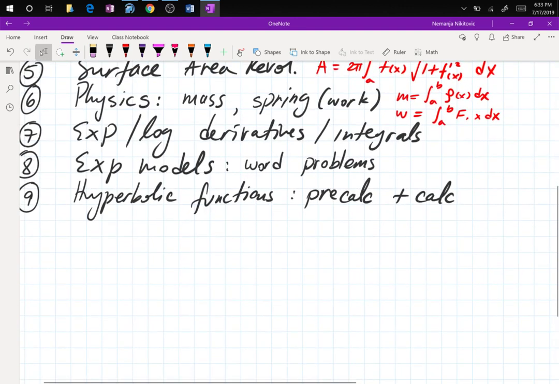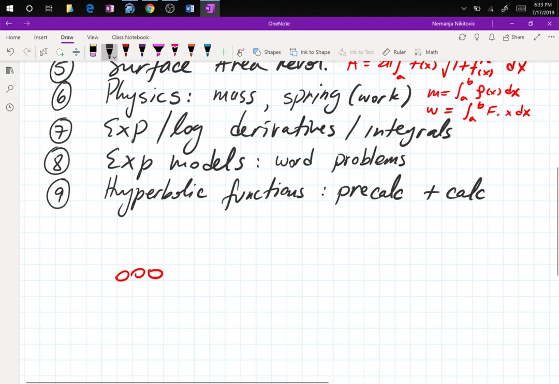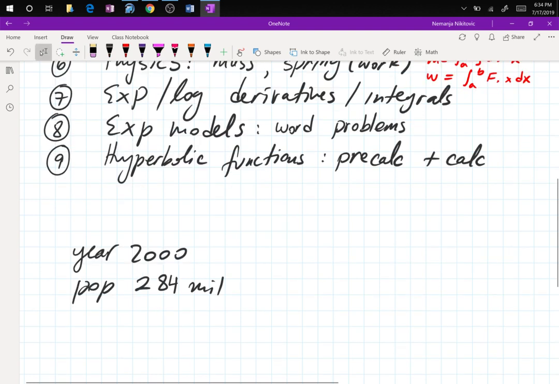In the year 2000, the population of a certain country was 284 million. Okay, so year 2000, population was 284 million, with an estimated growth rate of 0.4% a year.